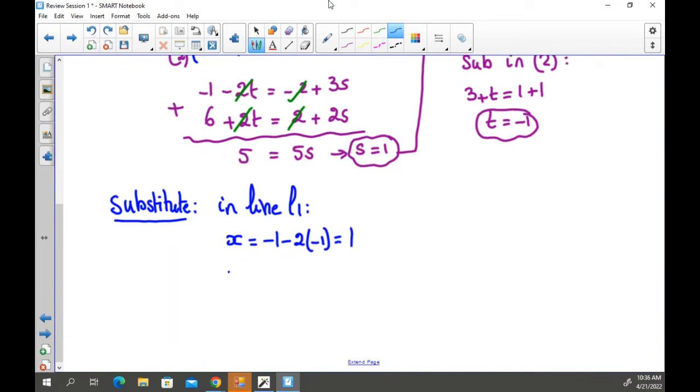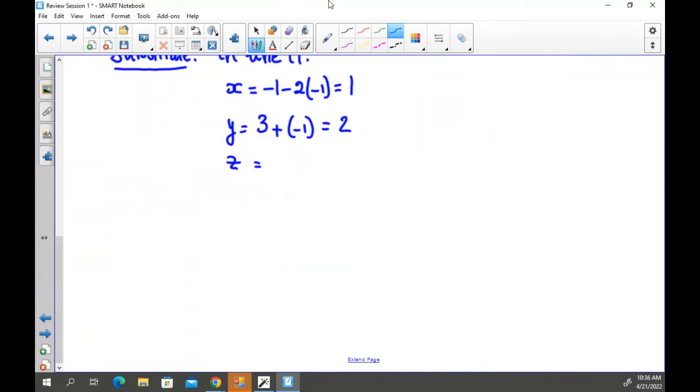So it's 1. Y will be 3 plus t, which is 2. And the z is 6 plus 3t. So it's 3. So I'm getting the point 1, 2, 3.